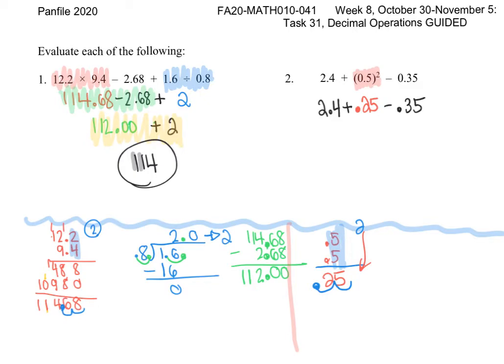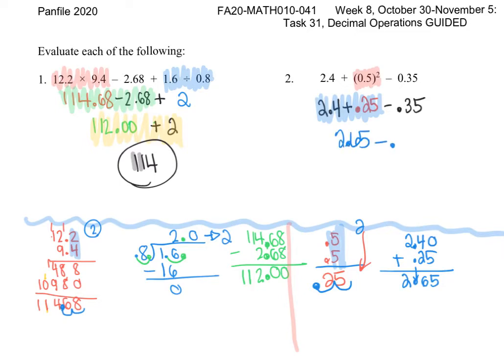So again, because it's only addition and subtraction, now I want to work left to right. So I'm starting here. So 2.4 plus 0.25. Remember, addition, you line up the decimals. So I'm going to place it right down below. I can put a placeholder there, and I get 5, 6, 2. So this is 2.65.